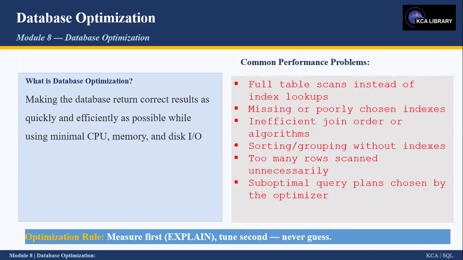Common performance problems include full table scans instead of fast index lookups, missing or poorly chosen indexes, inefficient join order, sorting or grouping without proper indexes, and scanning too many rows unnecessarily. While optimizing, always measure and test using EXPLAIN, never guess.